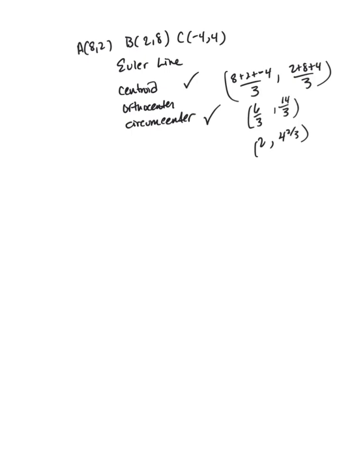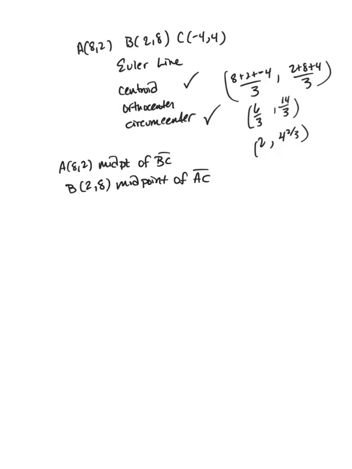You could also get the centroid another way, by thinking about what makes a centroid. You have to get the midpoint of the opposite side and then connect it to that vertex. A long way to do this, and I'm not going to do it, but you can, is take A and get the midpoint of BC, then take B and get the midpoint of AC.